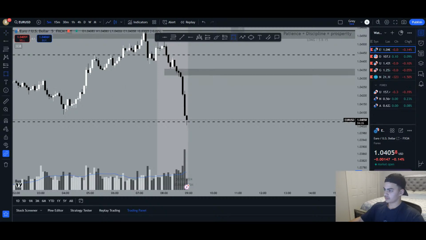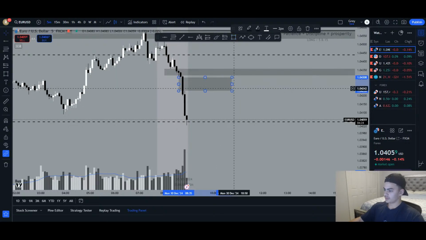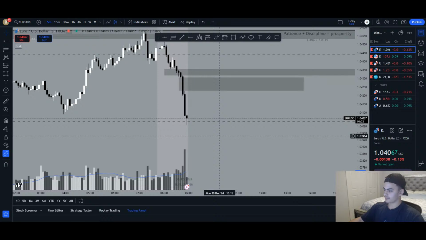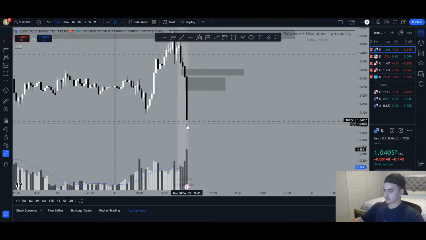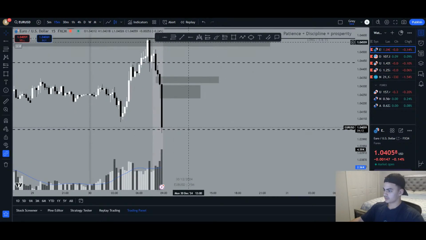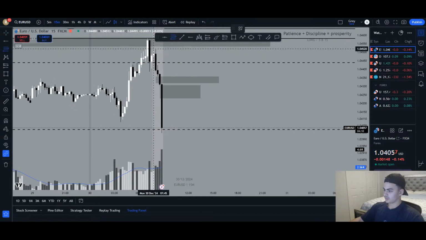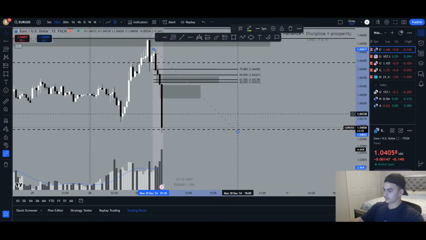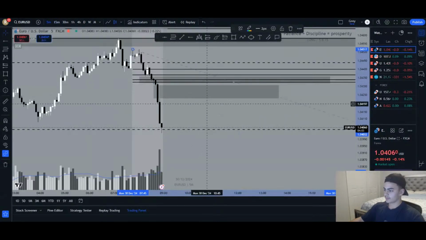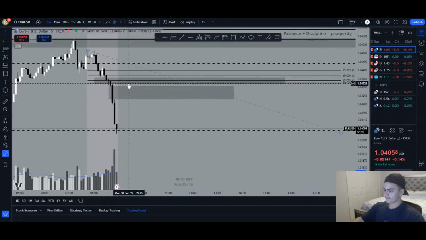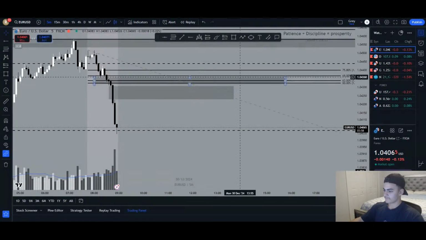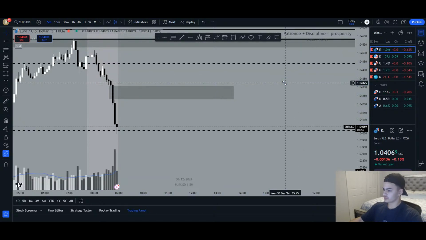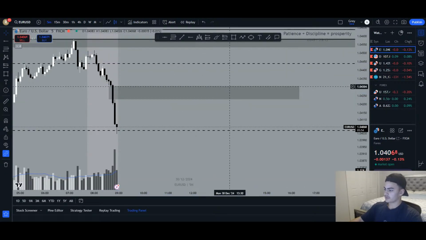Honestly, I see it coming back up here to this fair value gap. If it closes there, the bounce would be up here though. Fibonacci. We'll see, we'll see. Now I have this fair value gap marked.